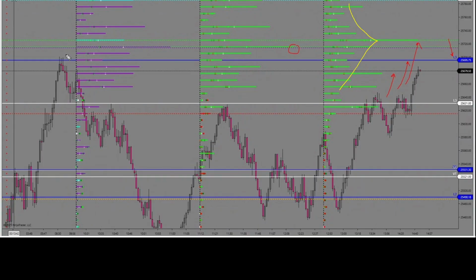But here in the order flow you will see the imbalanced option positions.